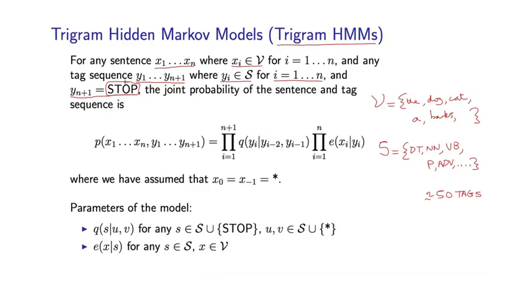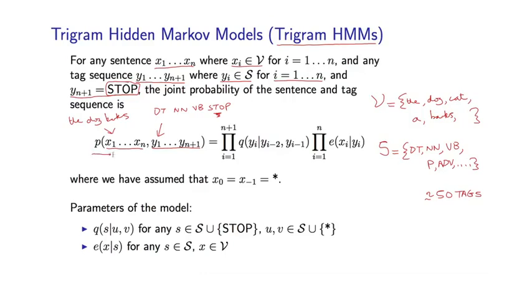And it's going to play a very similar role to what we saw in language modeling. So I've just extended our definition here. Our joint distribution is now over sequences x1 through xn, together with tag sequences y1 through yn plus 1. So this might, for example, be the, dog, box, and this might be determiner, NN, VB, STOP. Notice I have this extra symbol at the end of the tag sequence.